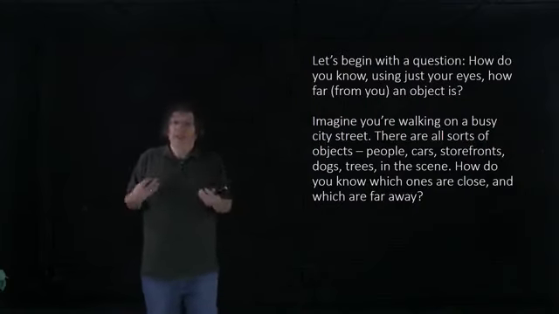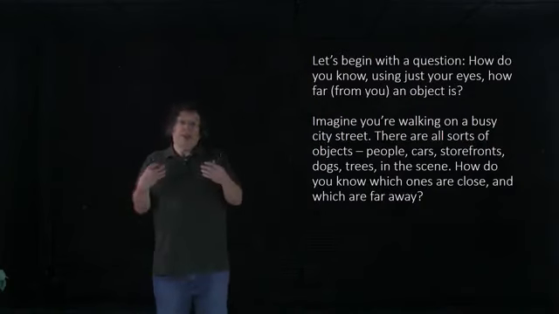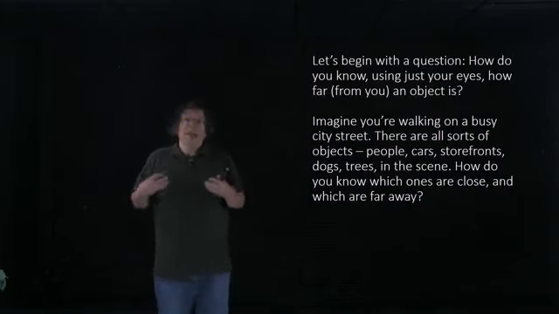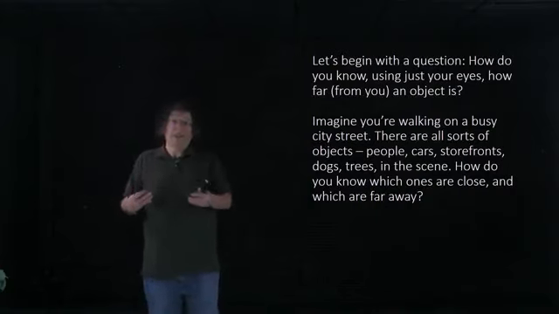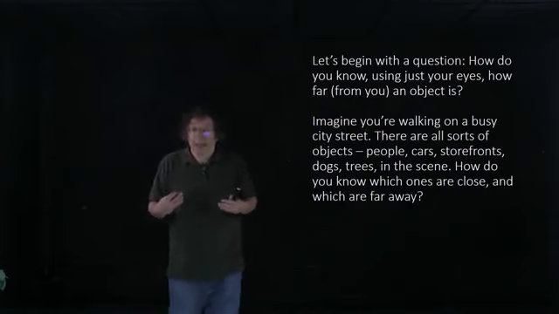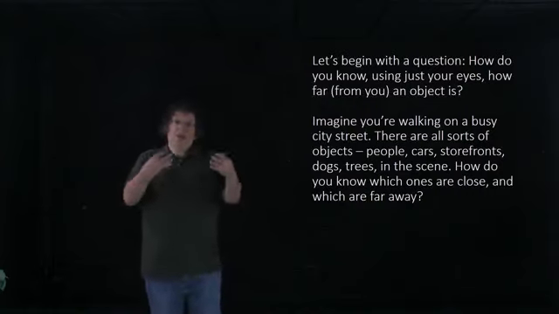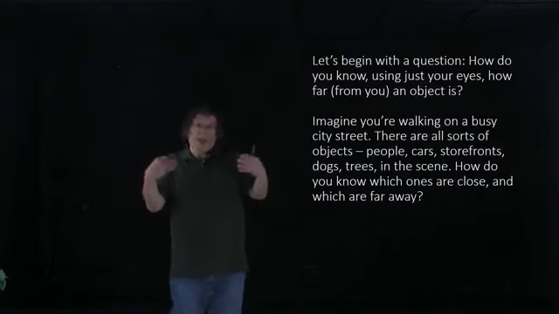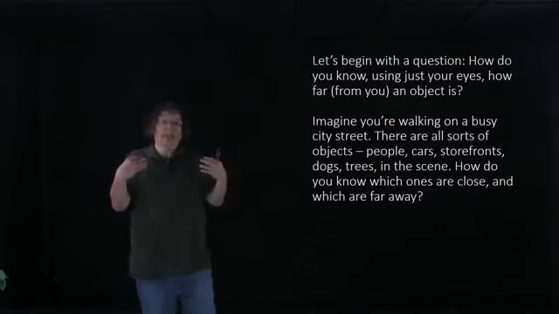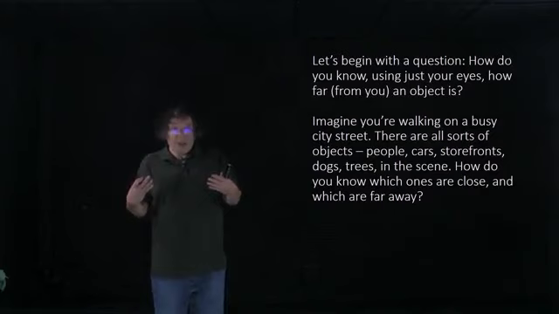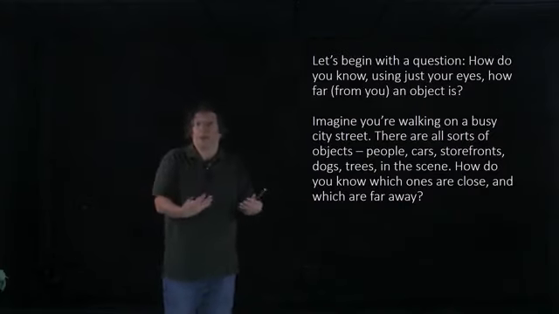So if in your field of vision the human being looks about as tall as the dog, then you have reason to believe that the human being is a good deal further away than the dog. The dog is closer up, the human is further away, and on the surface of the retina, they look to be about the same height. So from that cue alone, you can determine that the human being is probably a good deal further from you than the dog.